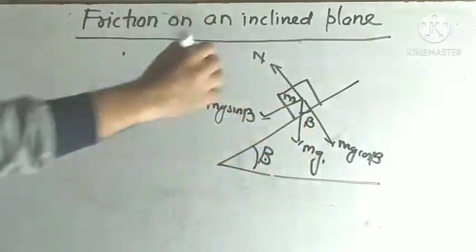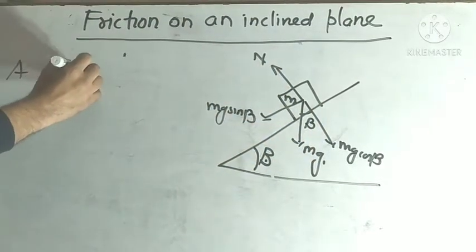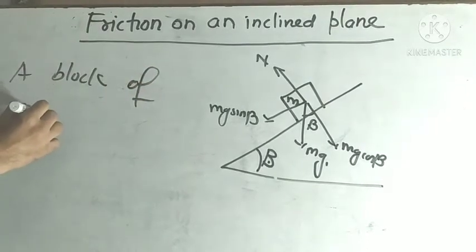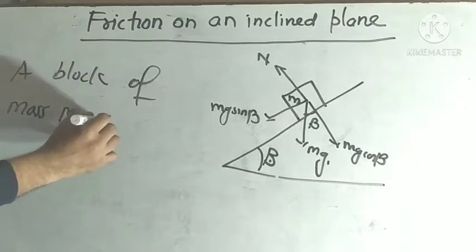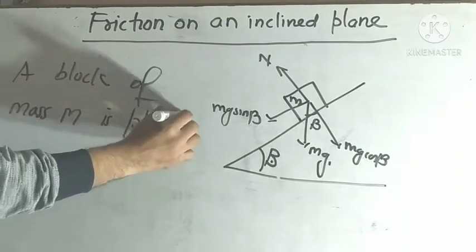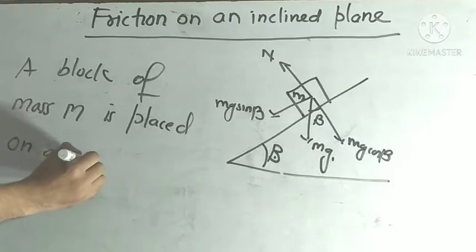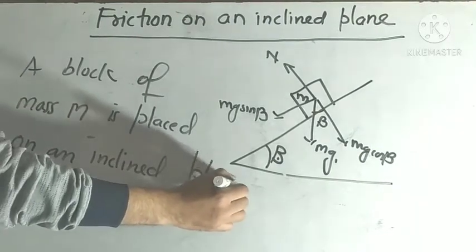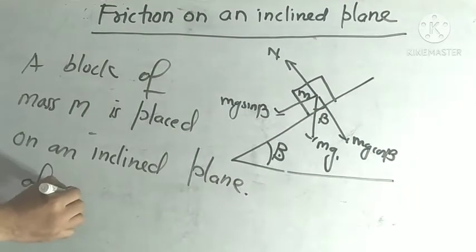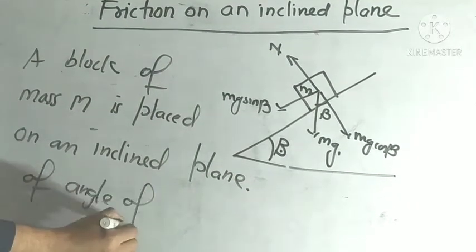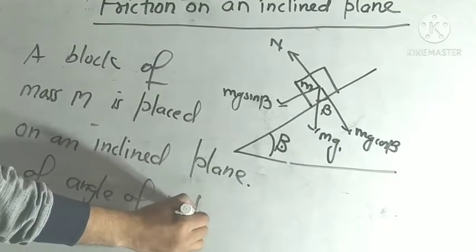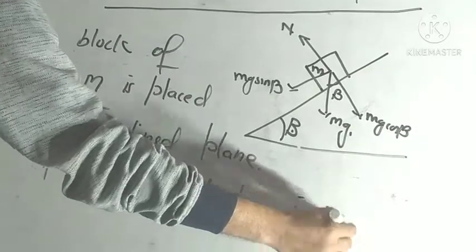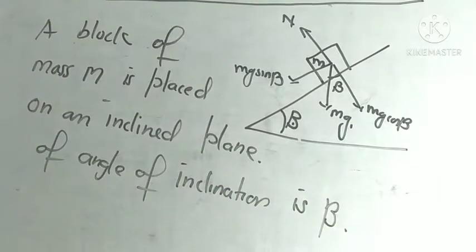Here a block of mass m, small m, is placed on an inclined plane of angle of inclination beta. I repeat again what we do here.